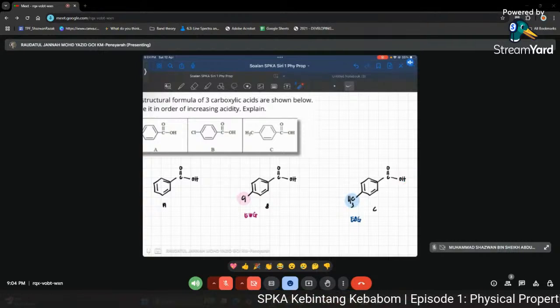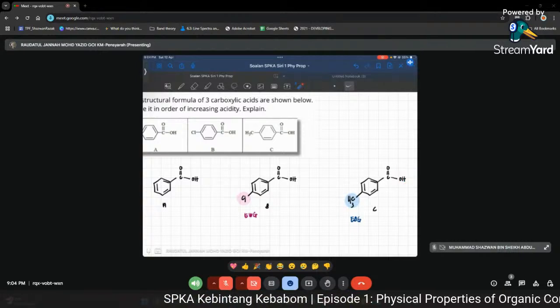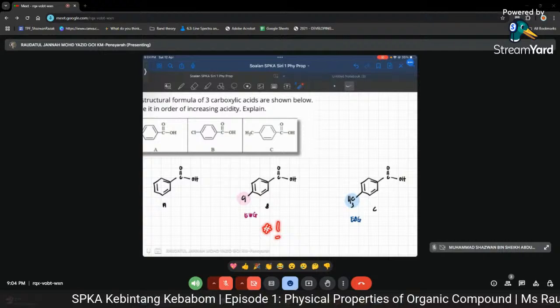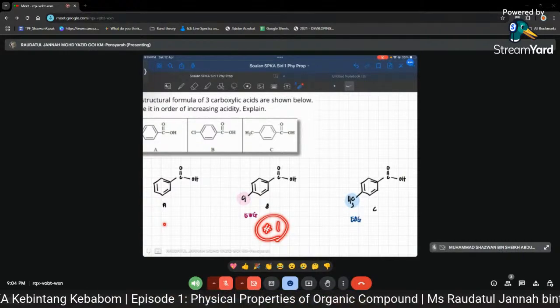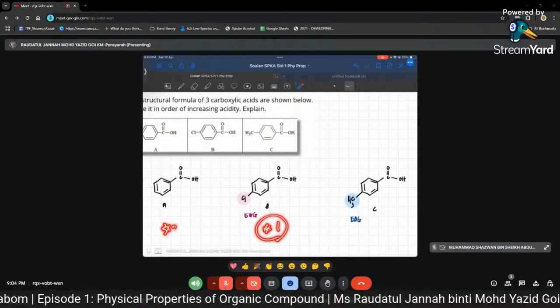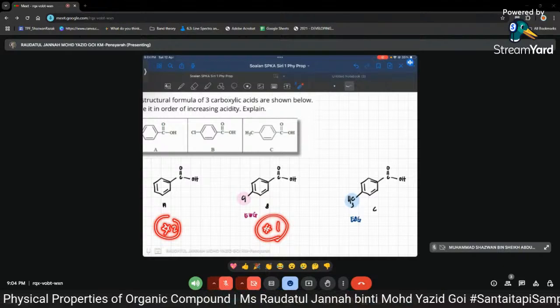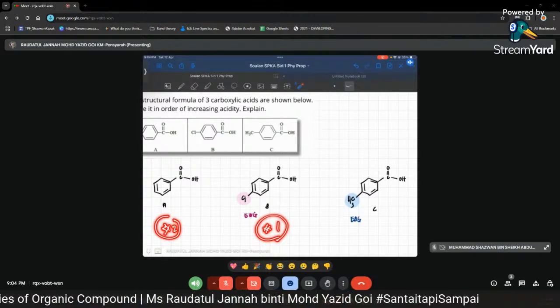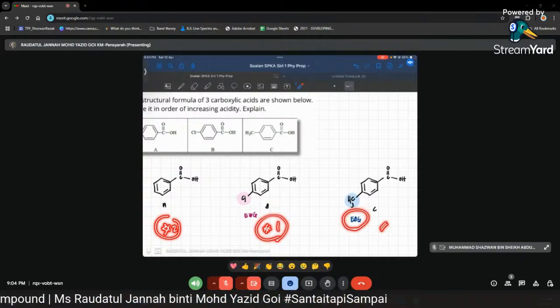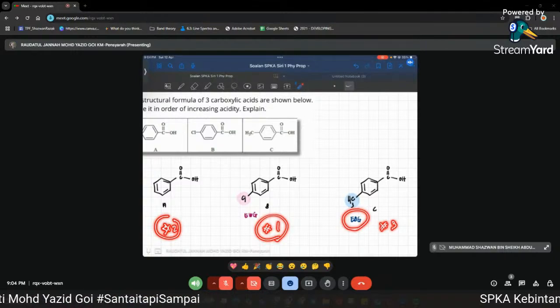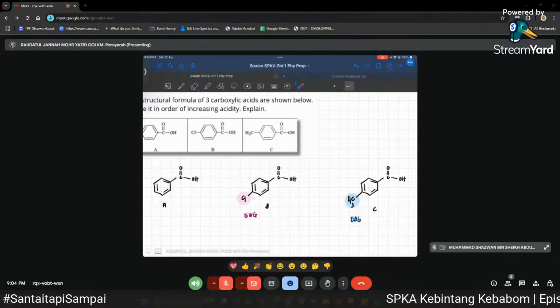So by this, obviously, the one with the electron donating group will get number 1, followed by the neutral species that we have here, the species with no EDG or EWG. And then the last one will be the species with EWG. It will get number 3. Okay, so let's see how we're going to discuss the answer.